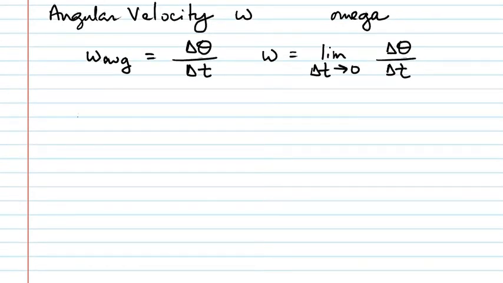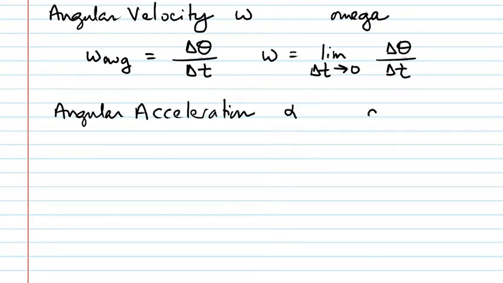The rate at which it's speeding up or slowing down in a rotational sense is going to be the angular acceleration. And here, well, lowercase Greek alpha is a common symbol for angular acceleration.